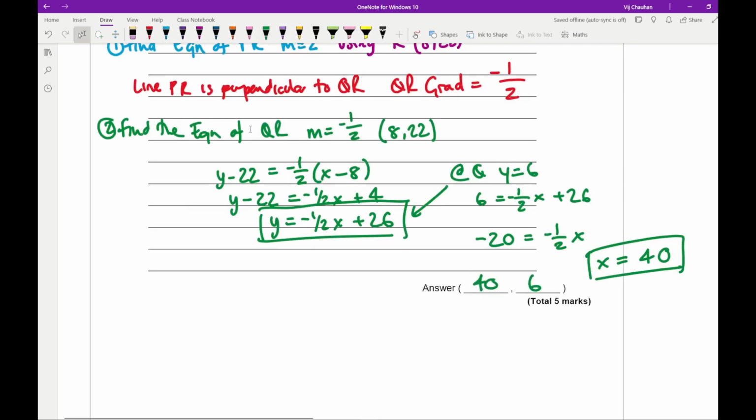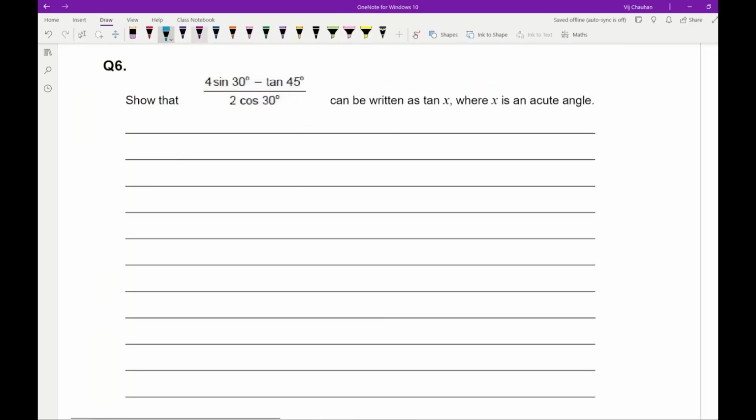Now moving on to our last question, it says show that 4 sine 30 minus tan 45, all divided by 2 cos 30, can be written as tan x, where x is an acute angle. So for these particular exact values of trig, we try and write down the exact values of the trig ratios you can see in the question.